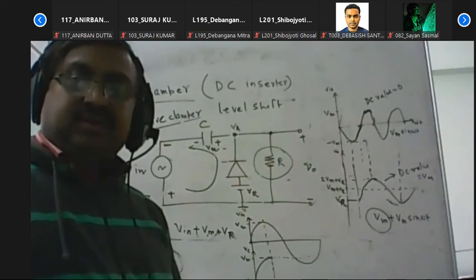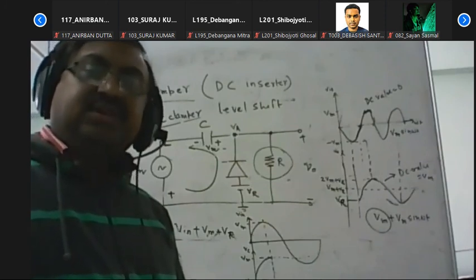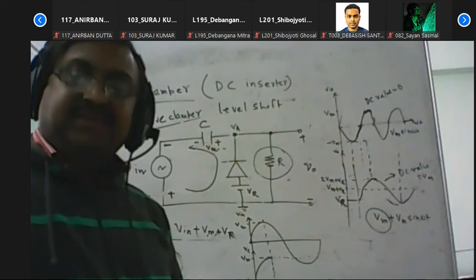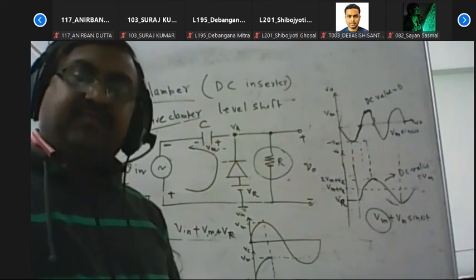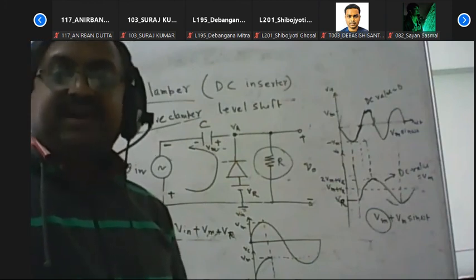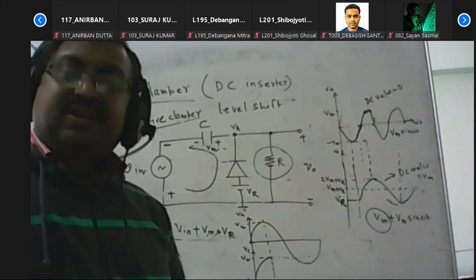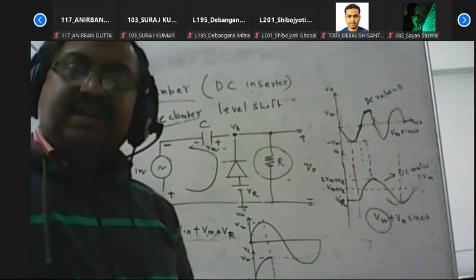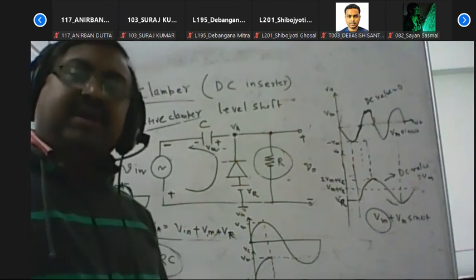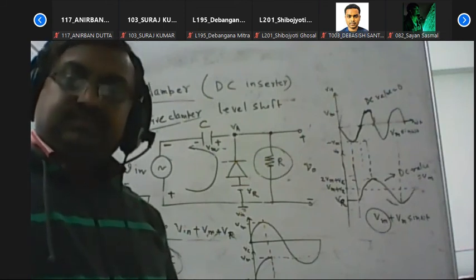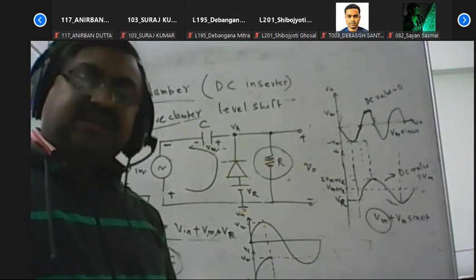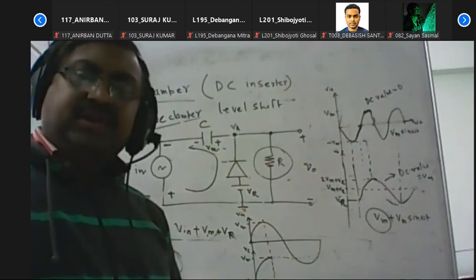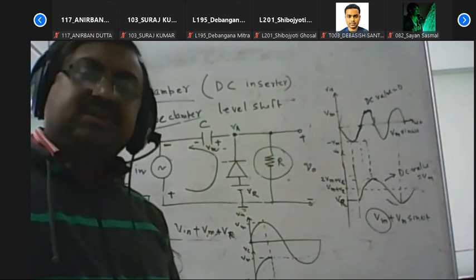Using it, we can multiply the voltage by some constant factor, either 2 or 3. That means from a 12 volt AC supply we can get a 24 volt AC supply.